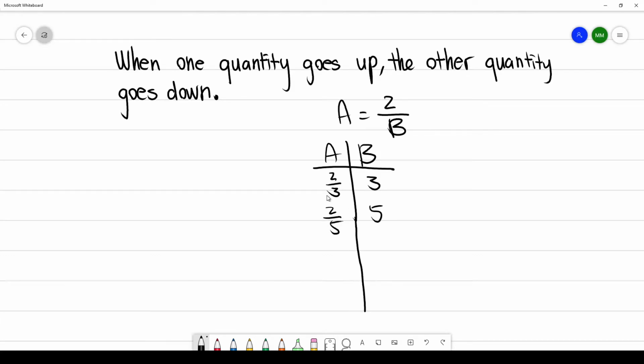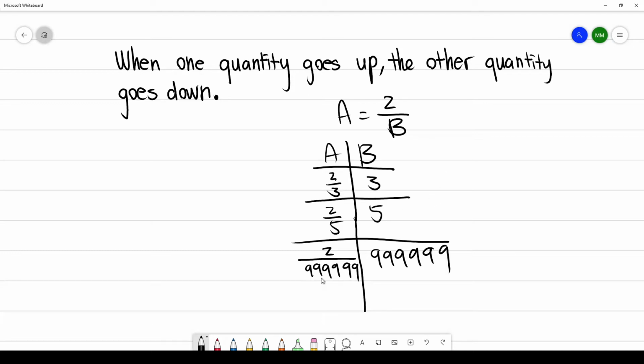Now let's imagine a really big number for b, so then a will be equal to 2 divided by this number. And you see how when b goes really big, a actually gets smaller and smaller. 2/3 is approximately 0.67.